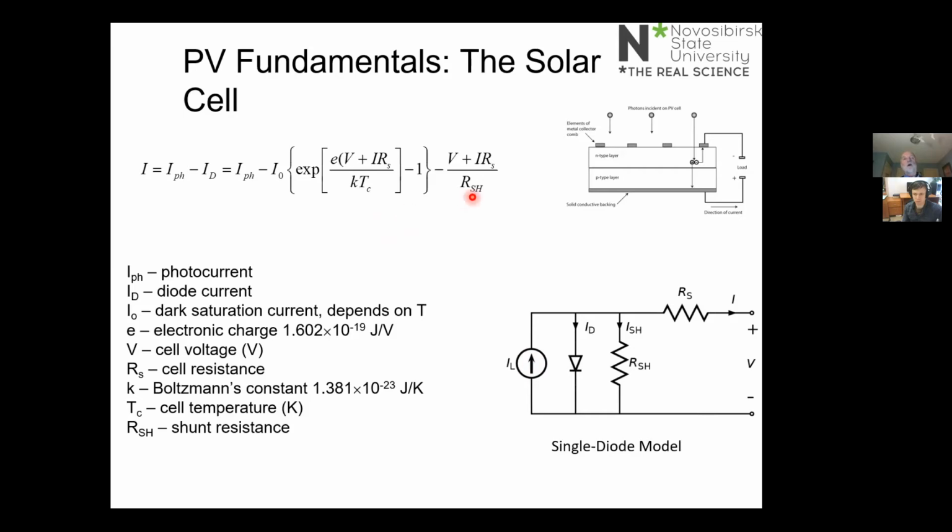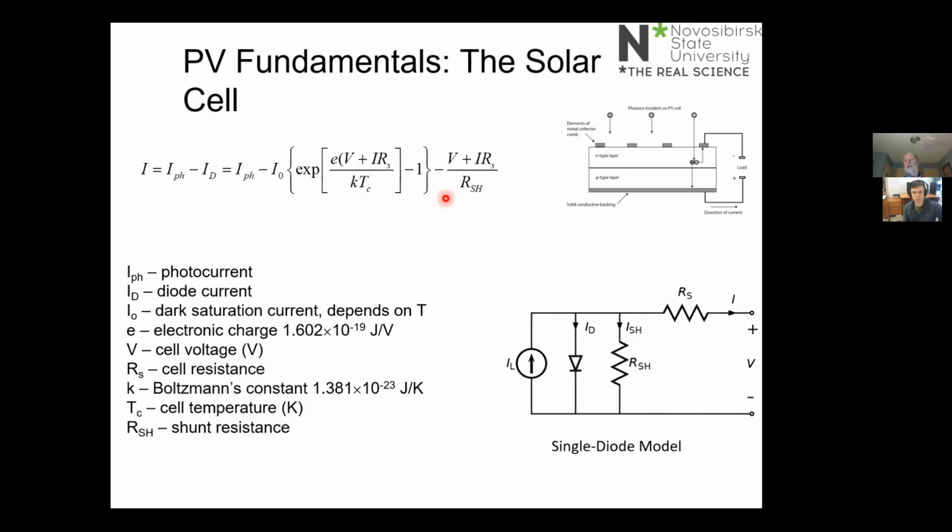The basic equation for the current that is produced is this equation here, which is a useful equation if you're going to do something like write a MATLAB code in order to determine how a PV cell works. But in practice, it doesn't have a lot of value because we get the information effectively from the manufacturer specifications.